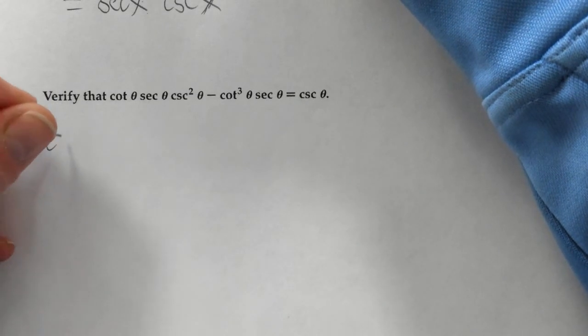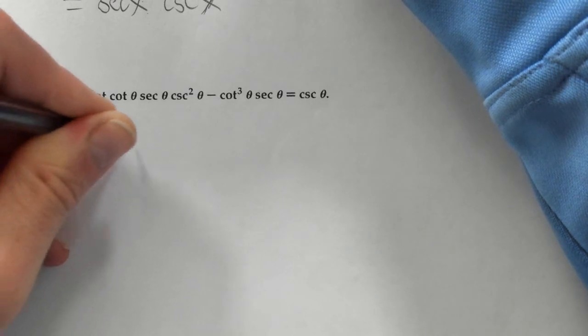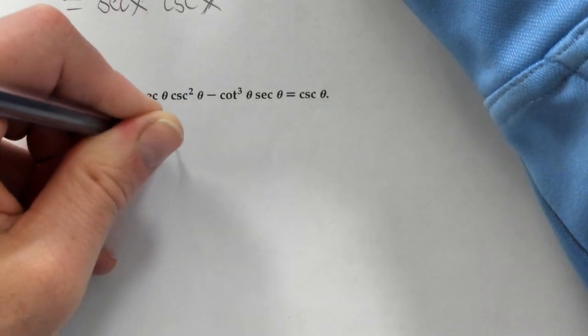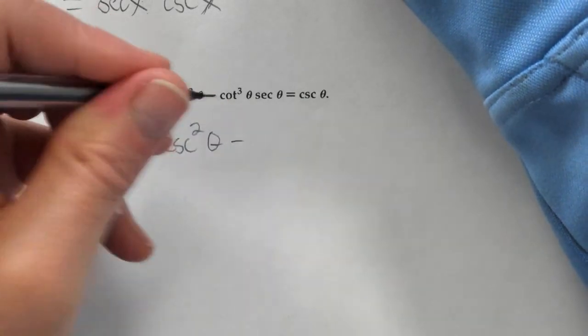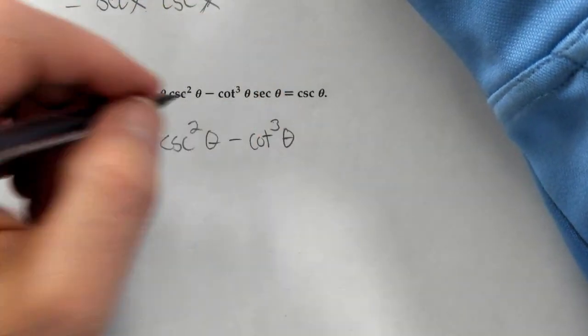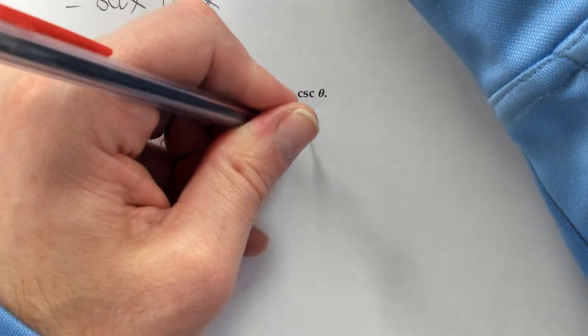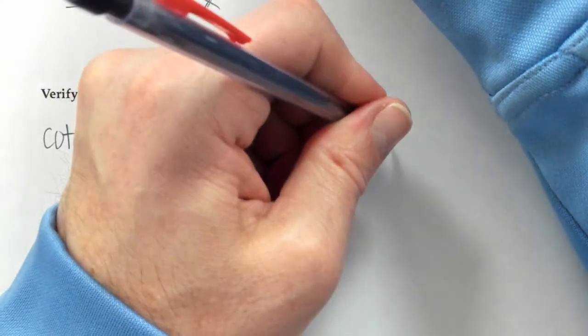Okay, so we want to verify now that the cotangent of theta times the secant of theta times the cosecant squared of theta minus the cotangent to the third power of theta times the secant of theta is equal to cosecant.